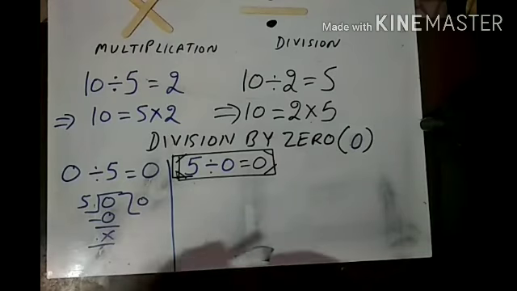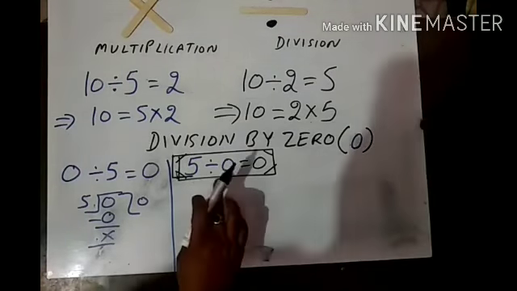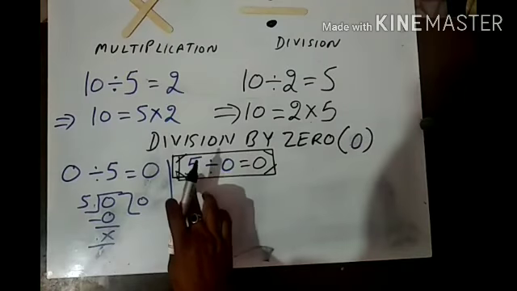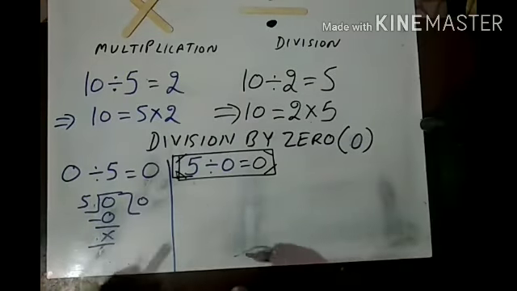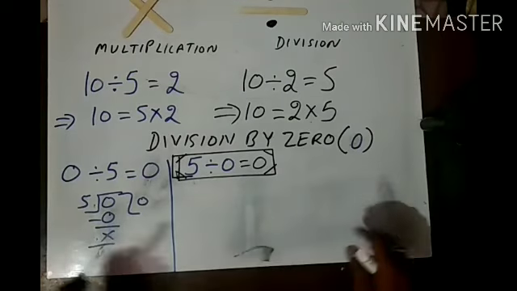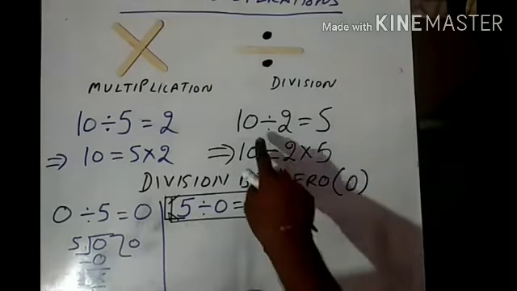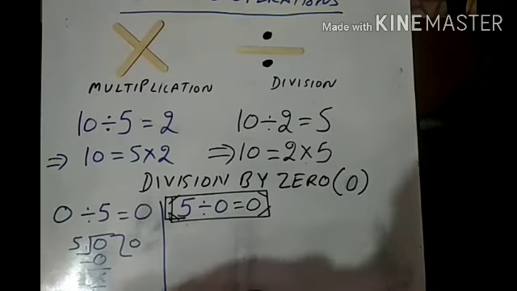As per the inverse operation, we know if any number is divided by any other number, then what is the result? Just for example, if 10 is divided by 2, then the answer is 5.